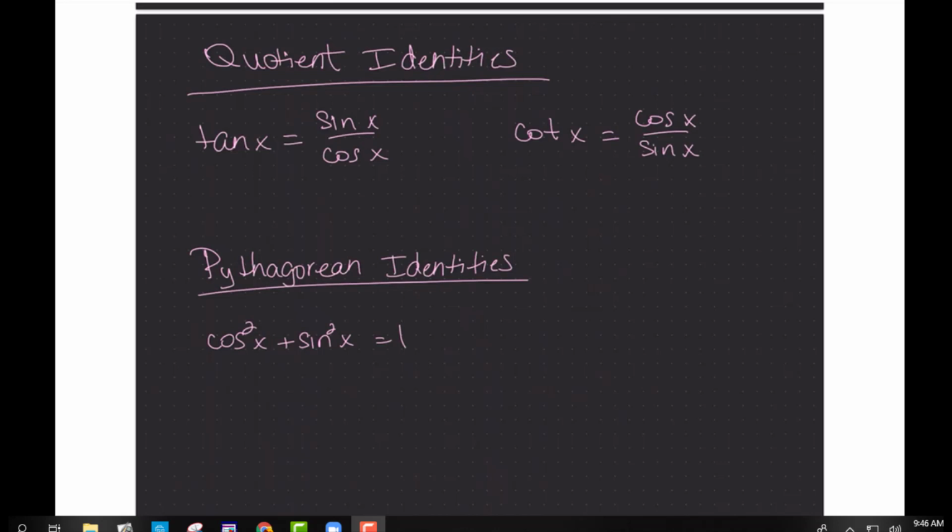So when it comes to the Pythagorean identity, we can even rearrange it, and it's all going to mean the same thing. If I wanted to solve it for cosine squared of x, what would I do?